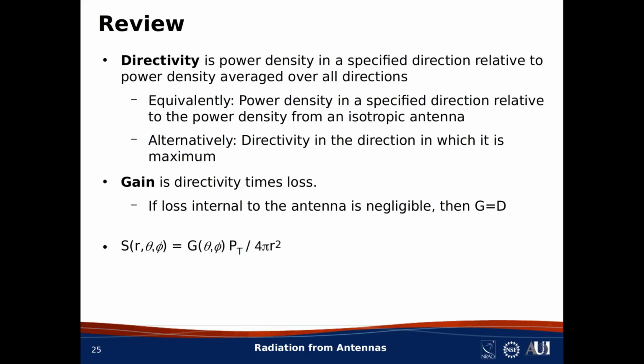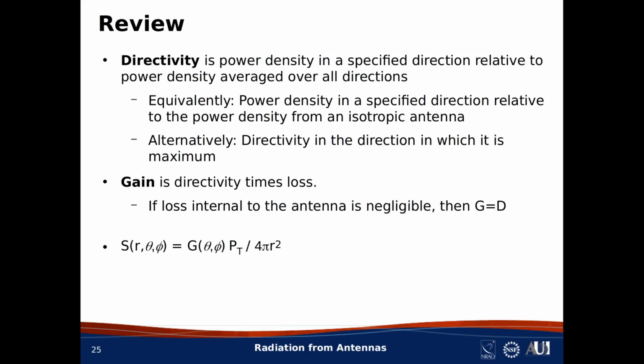Okay, time to review. Directivity is the key idea in this lesson. Directivity is the power density in a specified direction relative to the power density averaged over all directions. Equivalently, you could say directivity is the power density in a specified direction relative to the power density from an isotropic antenna that's radiating the same amount of power. And keep in mind, when we say directivity, sometimes we just mean the maximum directivity.